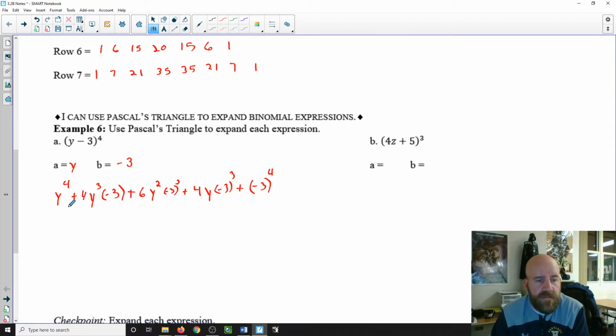So we just clean this up a little bit. So we end up with y to the 4th, negative 3 times 4, so minus 12, y cubed, plus we get negative 3 squared would be 9, and then 9 times 6.